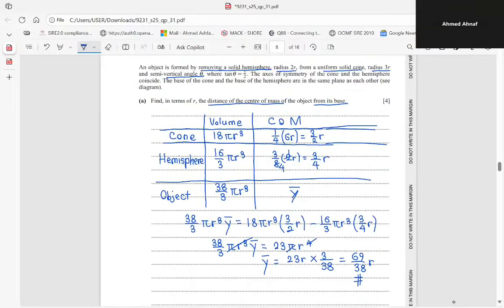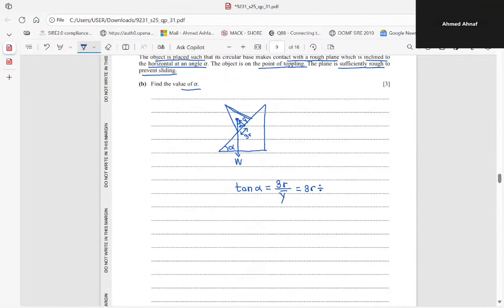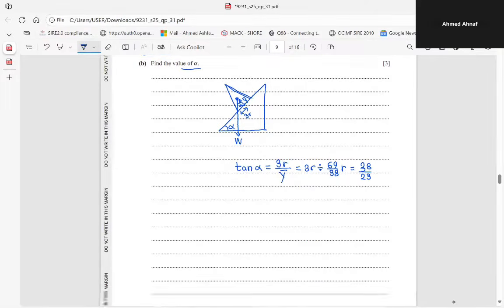So y bar is 69 over 38 r. So 3 divided by 69 over 38 gives 38 over 23.